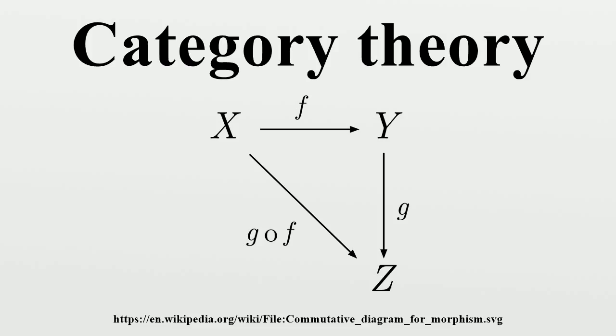Bicategories are a weaker notion of two-dimensional categories in which the composition of morphisms is not strictly associative, but only associative up to an isomorphism. This process can be extended for all natural numbers n, and these are called n-categories. There is even a notion of omega-category corresponding to the ordinal number omega.